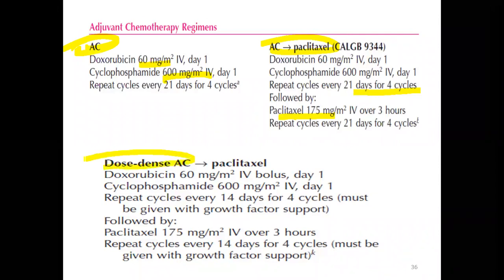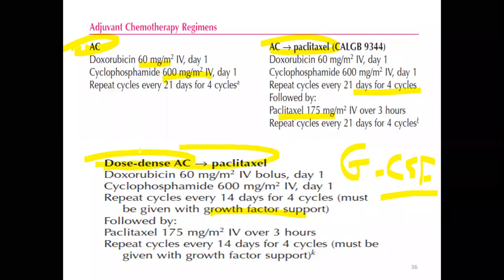Then there is a dose-dense regimen. If you remember what we have said, dose-dense means we are reducing the duration of treatment. So we are still using the same AC, but we are repeating every 14 days instead of 21 days. In this case, the growth factor support, that is G-CSF, is usually mandatory to prevent the risk of febrile neutropenia, then followed by paclitaxel every 14 days.